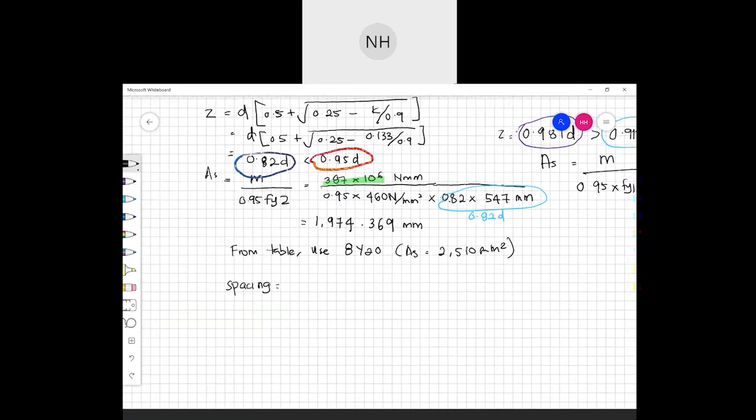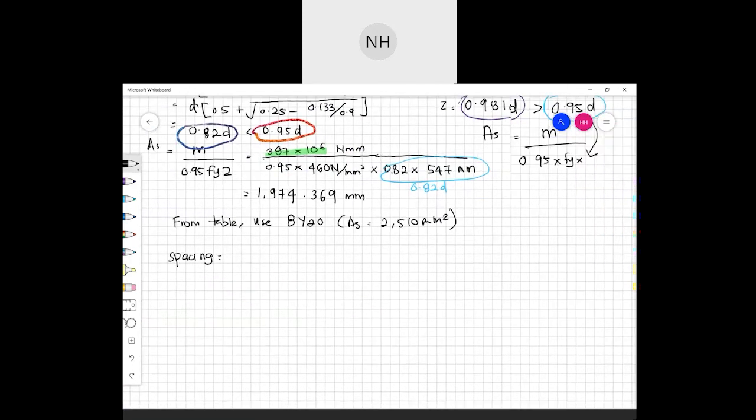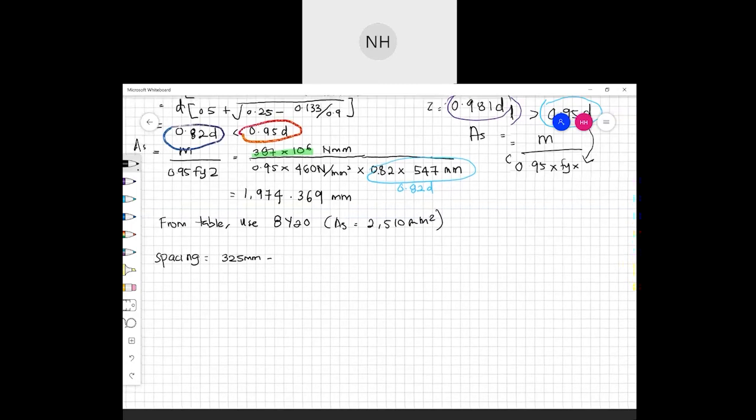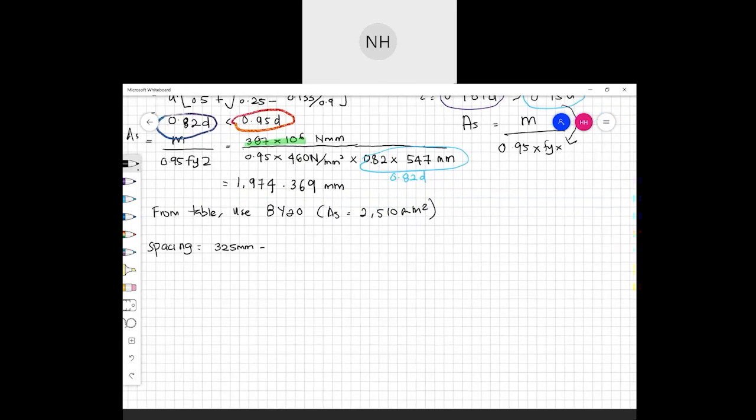Okay. So how to calculate spacing? We know that the B is 325 mm. Okay. I lukis dekat sini bagi kita senang faham. Okay. We have this beam.